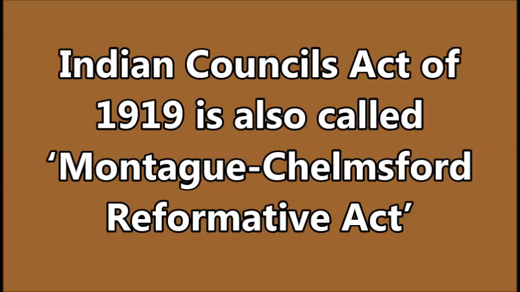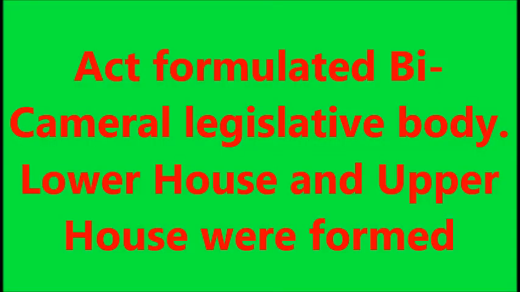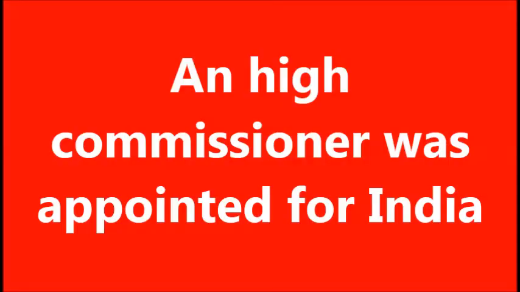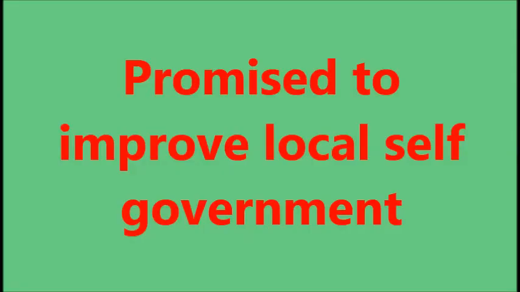First one, the act formulated a bicameral legislative body. Lower house and upper house were formed. Second one, diarchy was allowed at regional governments. Third one, a high commissioner was appointed for India. Fourth one, promised to improve local self-government.